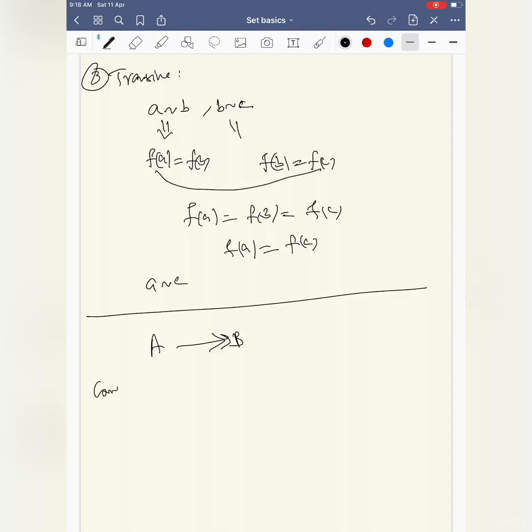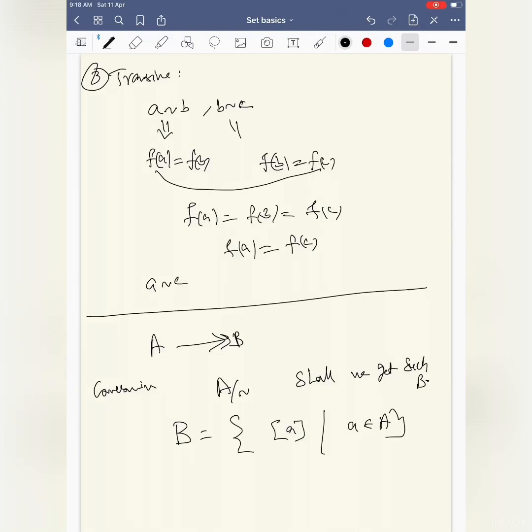So finally, whenever you have a surjective map from A to B, that defines a relation. And conversely, let's say I have a relation; shall we get such a B? That is also possible. Let B be the set of classes.